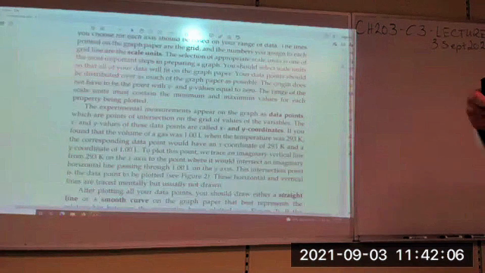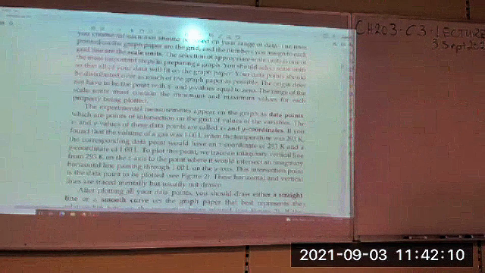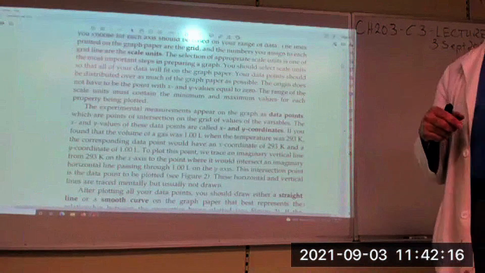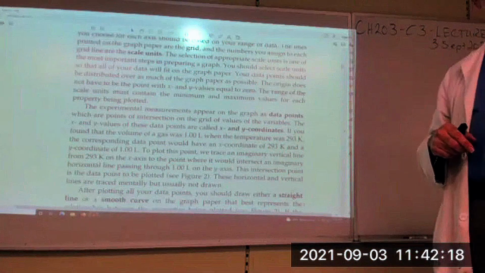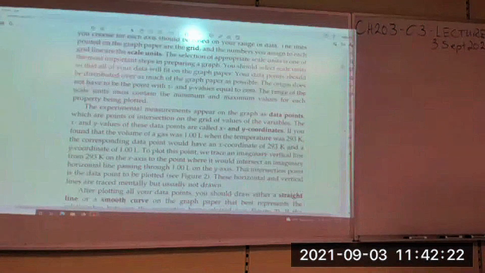Okay, compass. Or is that a protractor? It's a protractor. Compass is the one with degree marks on it, right? They'll have those. It'll have a ruler, and sometimes it'll have what's called a French curve.